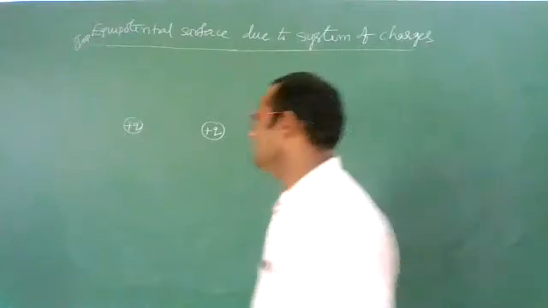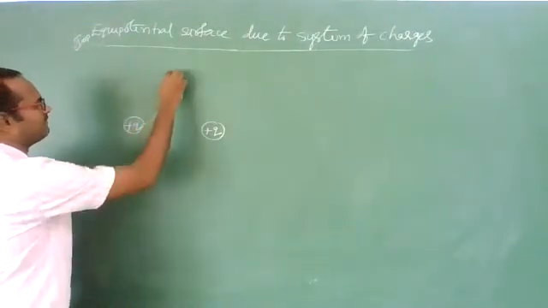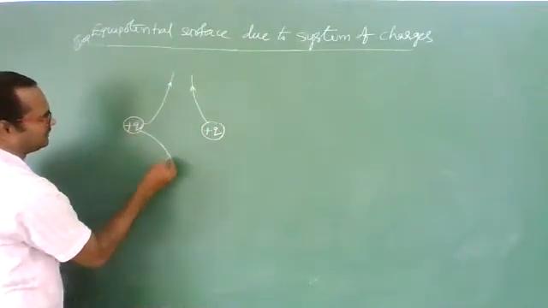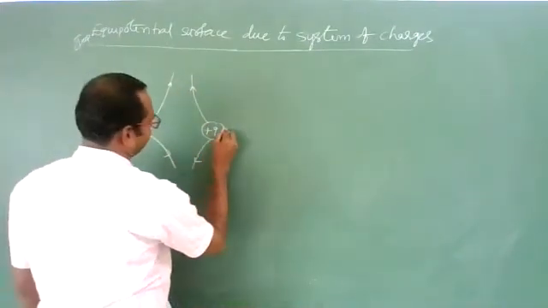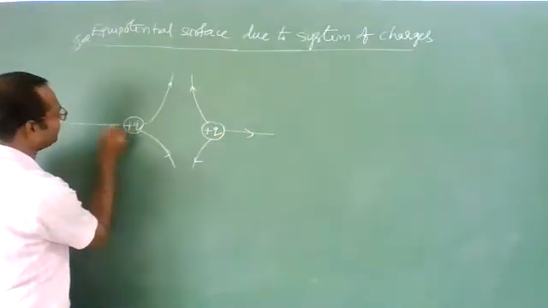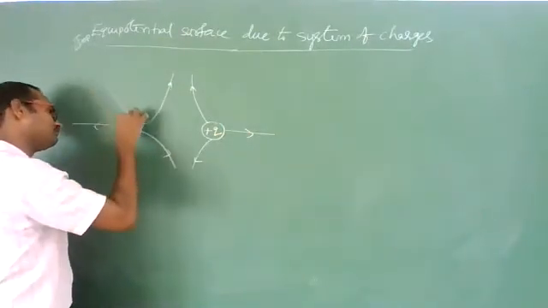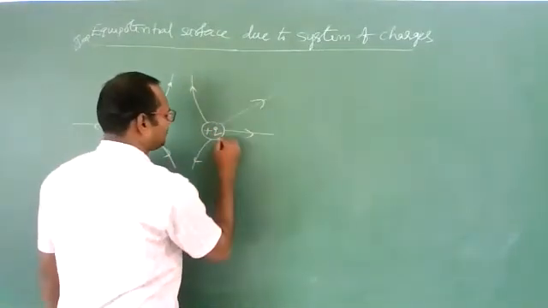How will they be? Electric field lines from these positive charges will repel each other like this, as you know. And they will be pointing outside. These are electric field lines.